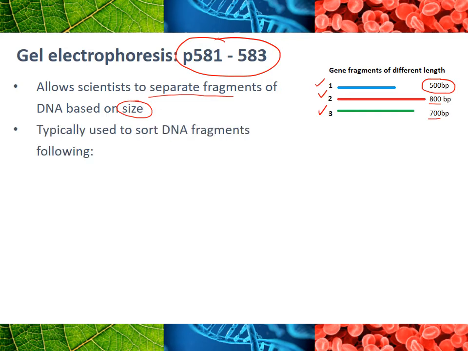This is usually used after either we've cut DNA from a larger section of DNA using our restriction enzymes, or we have just amplified bunches of DNA using PCR, and we want to separate them. You might be thinking, well, PCR makes exact copies.